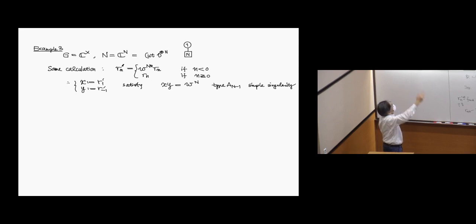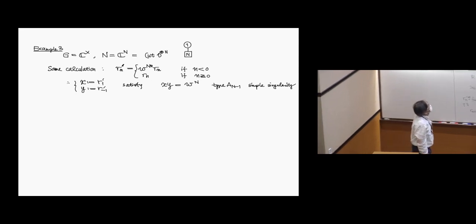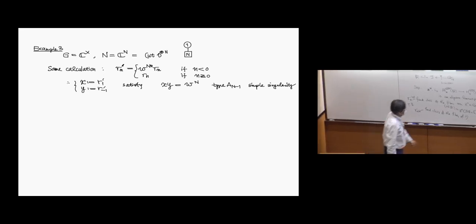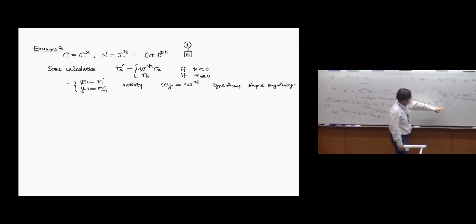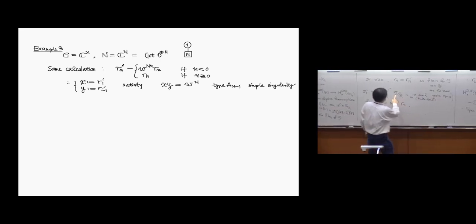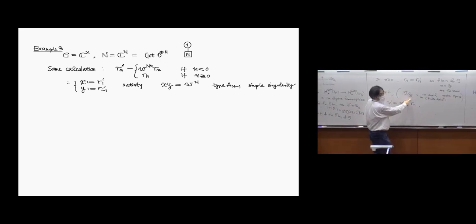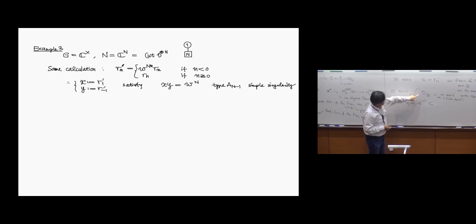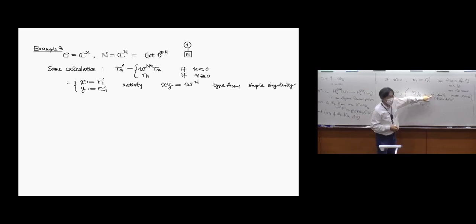Then you do the same computation. The only difference from the earlier formula is that you have large N copies. Basically, you take large N copies of this example and take the direct sum. So the quotient is now replaced by large N times n dimensional instead.